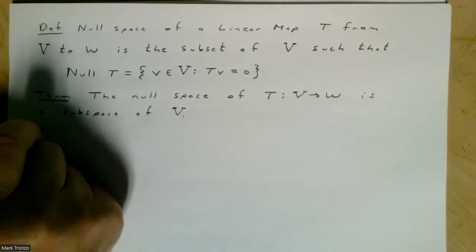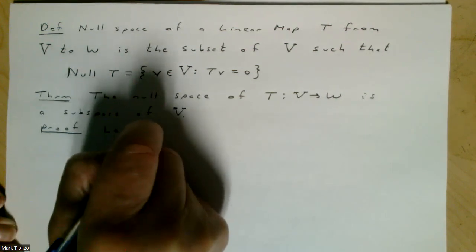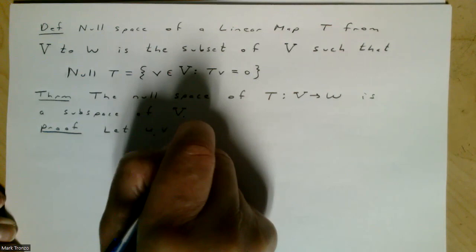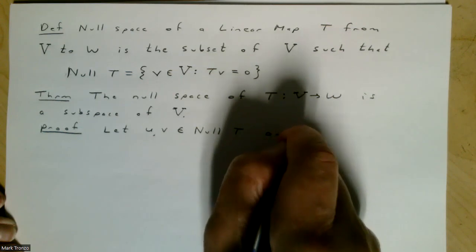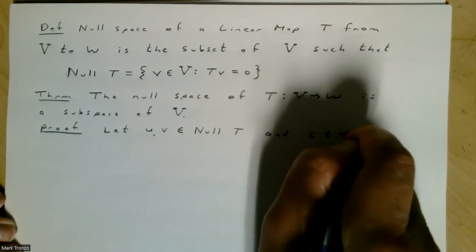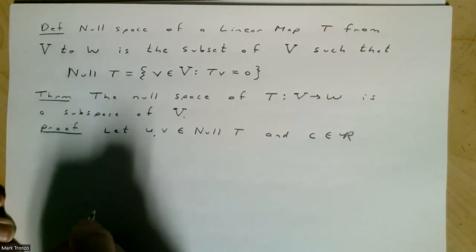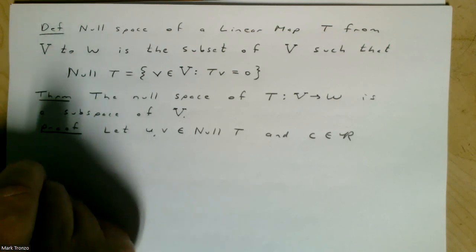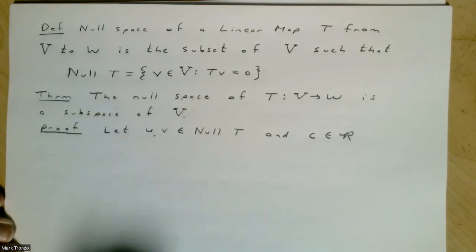And let's prove that. Once again, let u and v be two vectors in the null space of T. And once again, let's make c to be a constant in the reals. So let's go through and show. Remember, now we're going back to subspaces, which uses a very similar test to what we had.